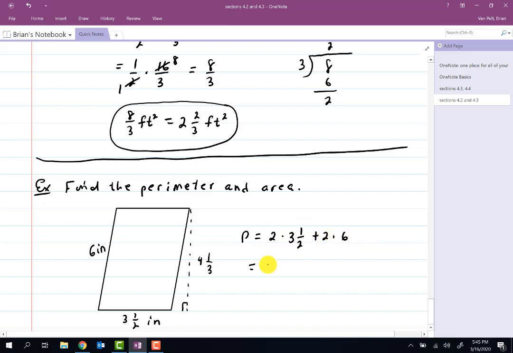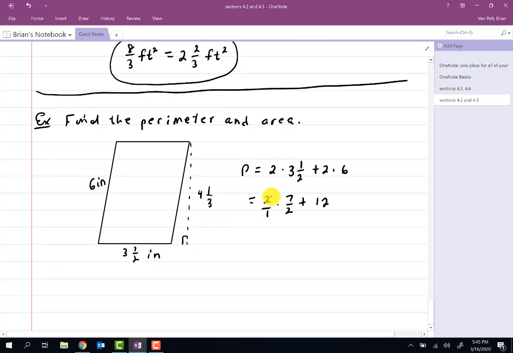I'll write everything as fractions when I need them. 2 times 6 is just 12. Very convenient here that the 2's cancel, and you'll get 7 plus 12, which equals 19. So our answer for this will be 19 inches.